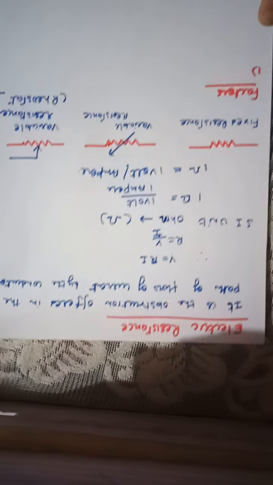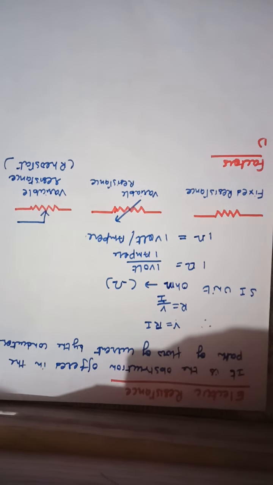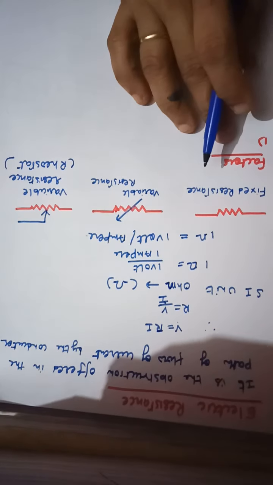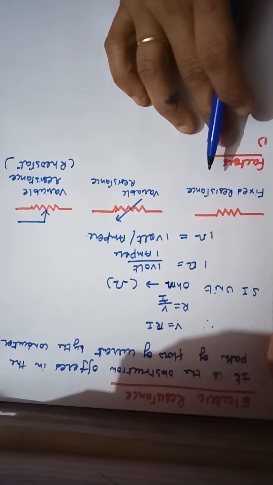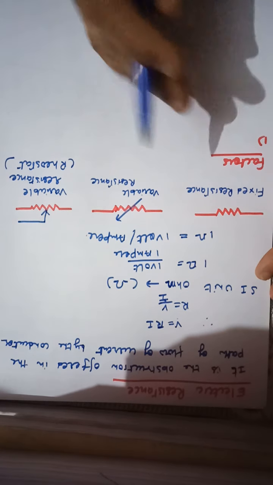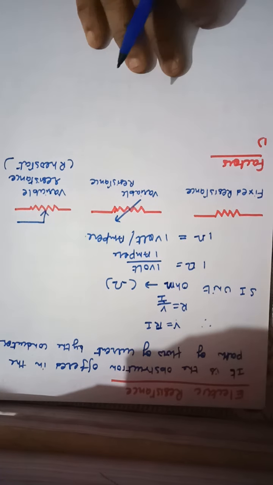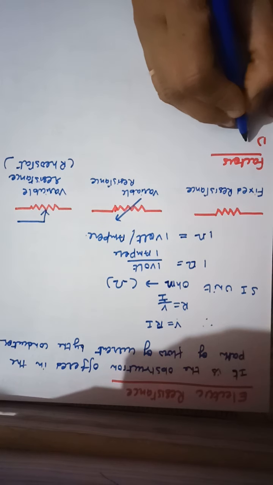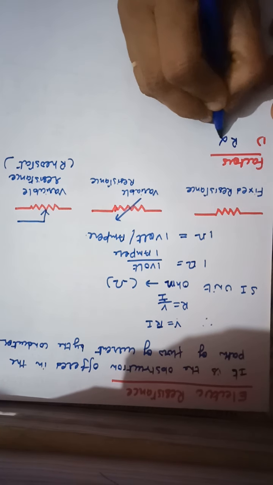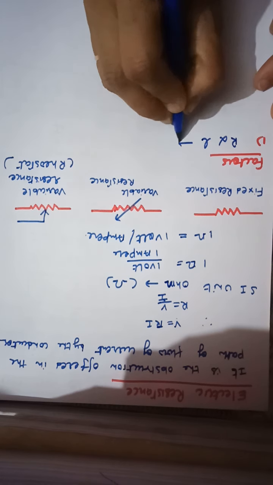Now after that, I am going to explain to you the factors on which resistance depends. So we will discuss the factors on which resistance depends here, and the first factor is that resistance is directly proportional to L. What is L?